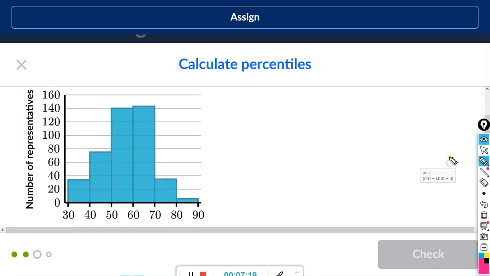So let's see. 30% of 433 is going to equal 0.30 times 433.